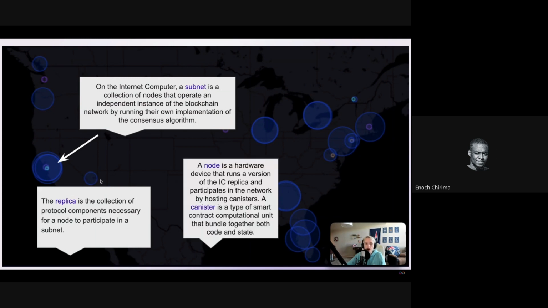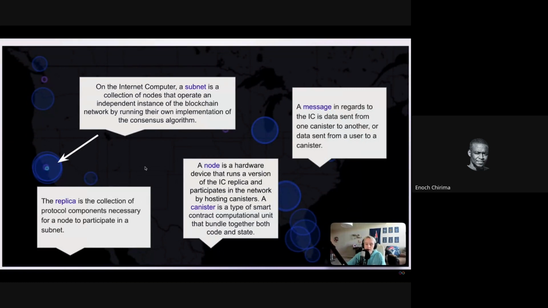A node is a hardware device that runs a version of the Internet Computer replica, and it participates in the network by hosting canisters. I talked a little bit about canisters in the previous module, but we're going to go a lot more in depth in their definition and their components in this module. To reiterate, a canister is a type of smart contract computational unit that bundles together both code and state.